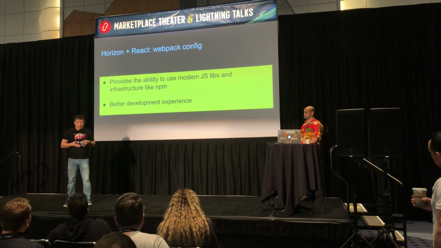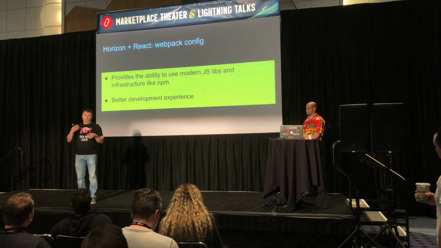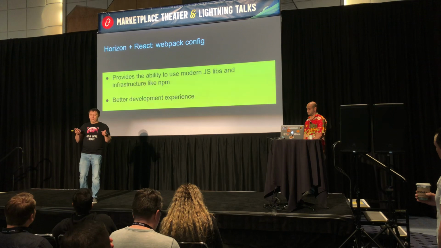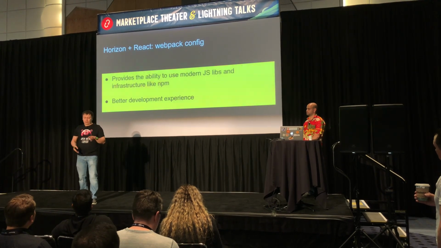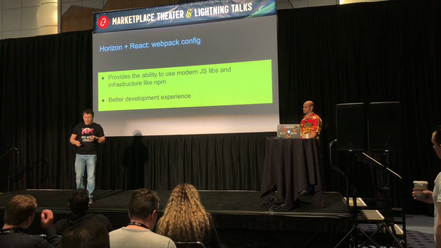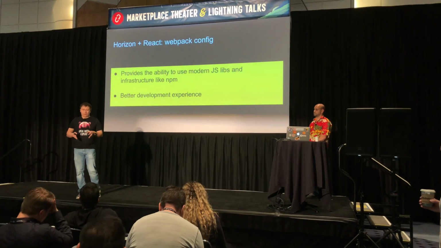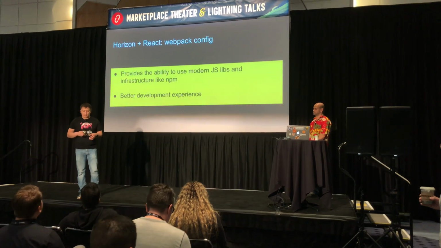This configuration provides you the ability to use modern technologies for web frameworks, the latest libraries like React, Vue, and so on. It provides a better backend and front-end experience because for now they are really independent.